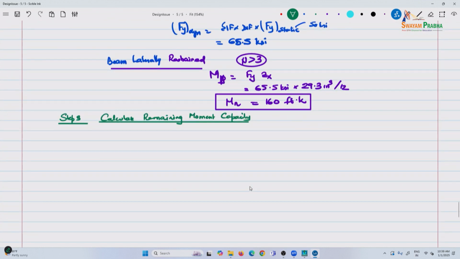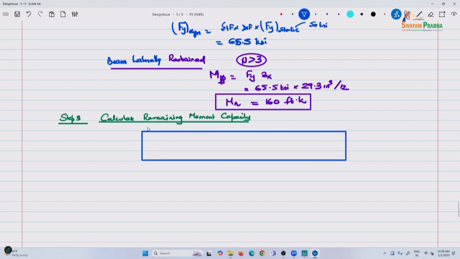So, the remaining moment capacity, Mn Rm, is Mn minus Mu for dead load plus Mu for the live load.